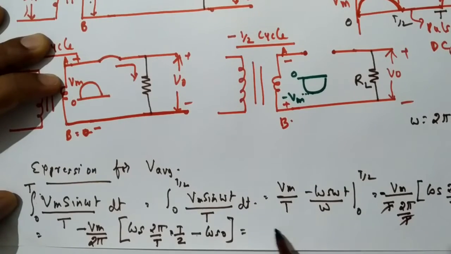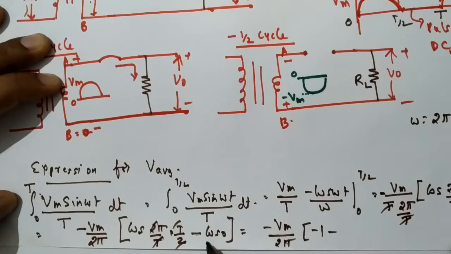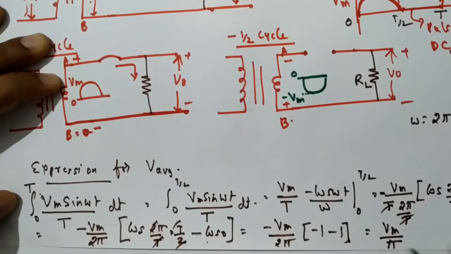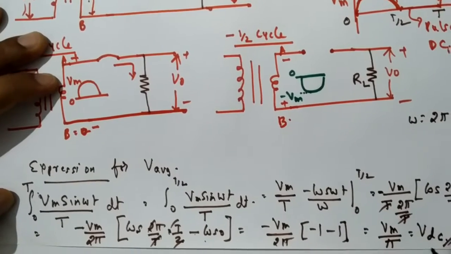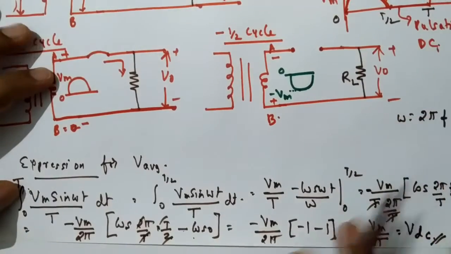This is equal to minus Vm divided by 2 pi, the 2 gets cancelled, so cos pi is minus 1 minus cos 0 which is 1. Therefore this will be equal to Vm divided by pi. So this is the DC value or the average value of the DC voltage of a half wave rectifier.